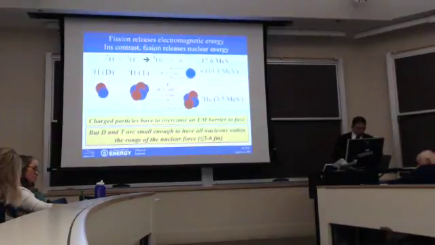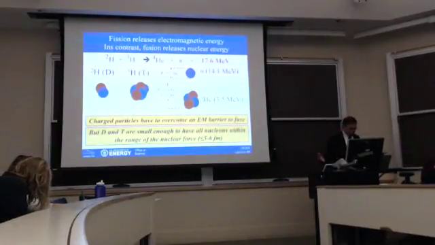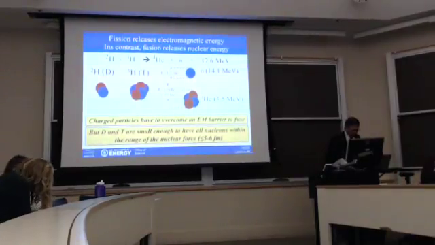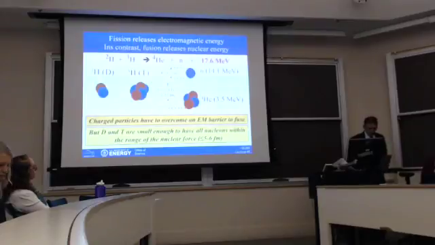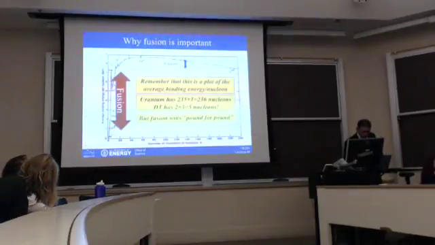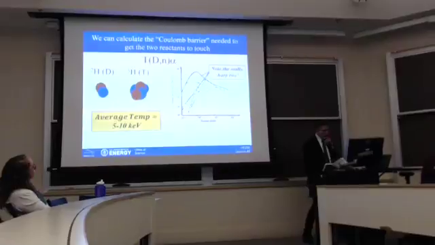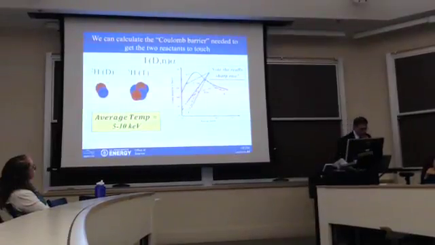But it's a couple of Fermis. Tritium is a couple of Fermis. And when you calculate the Coulomb barrier, it turns out to be on the order of a few hundred keV.